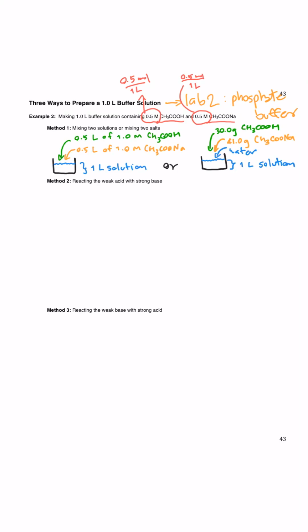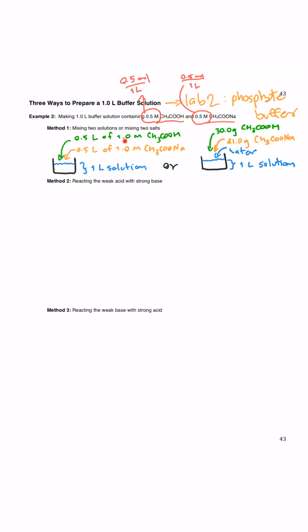For method 1, you can prepare a buffer by mixing 2 solutions. For example, if you have a stock solution of 1 molar acetic acid and 1 molar sodium acetate, and you take 0.5 liter from each solution and mix them together, these 2 solutions will become a 1 liter mixture.